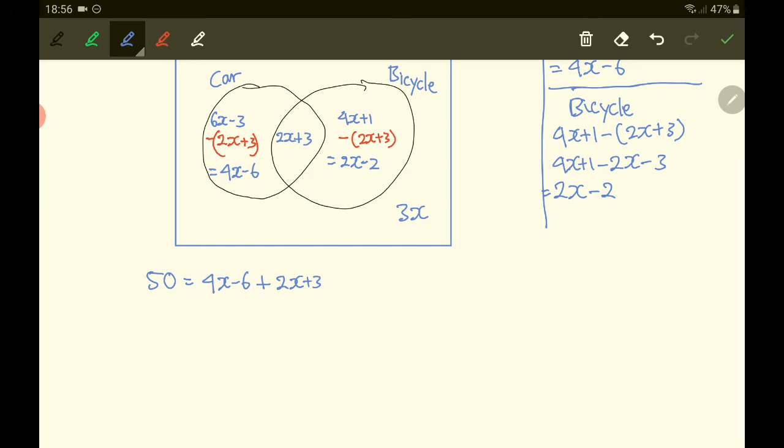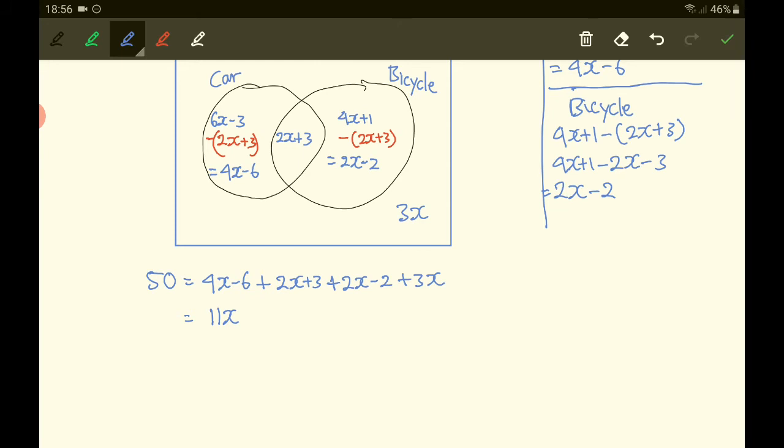And next is the bicycle only, plus 2x minus 2. And then plus those who have neither car nor bicycle, plus 3x. We try to combine the like terms. We combine the x variables here, 4x plus 2x plus 2x plus 3x. So I got 11x, and then minus 6 plus 3 minus 2.